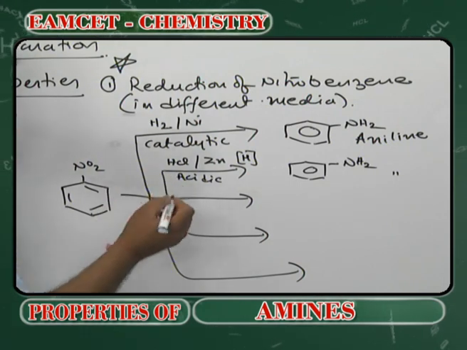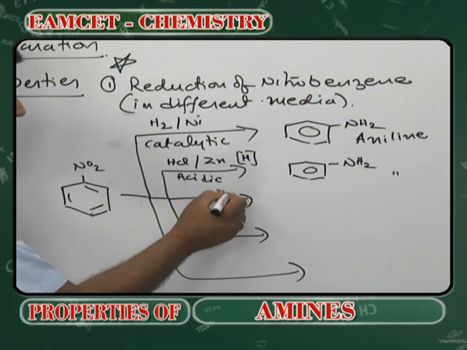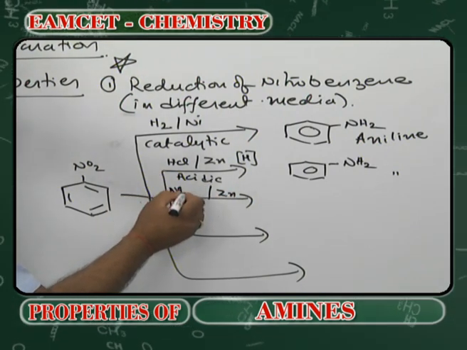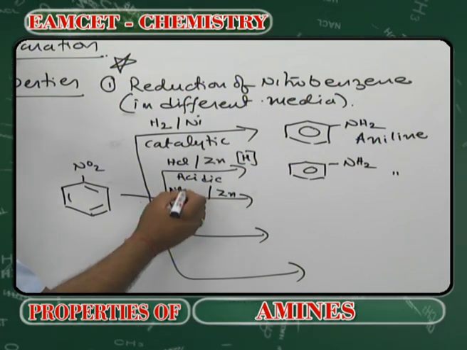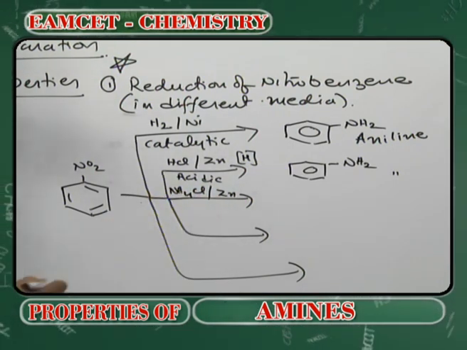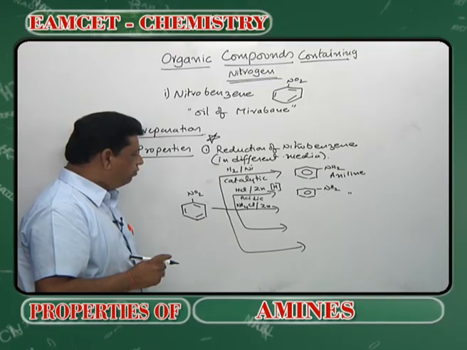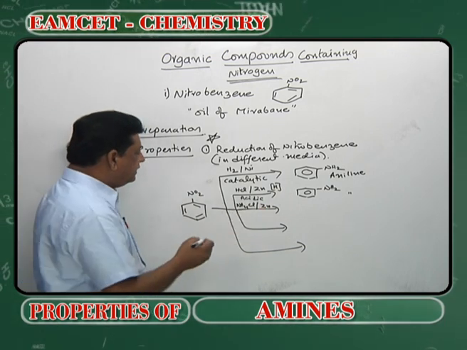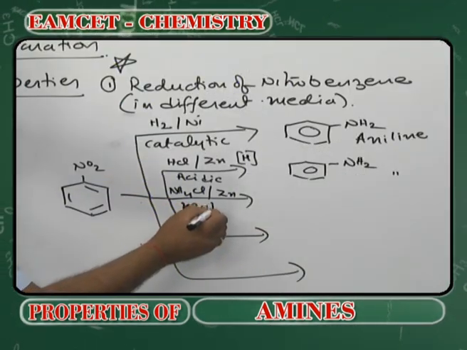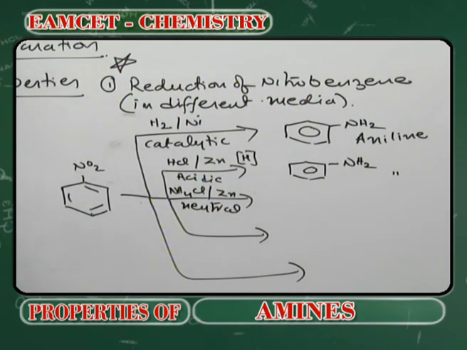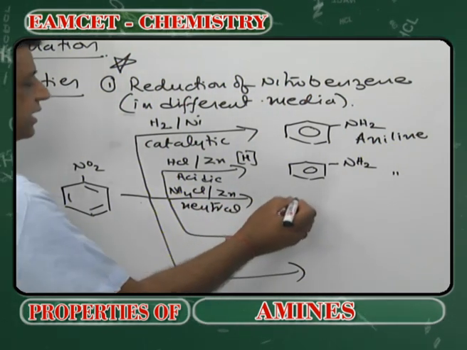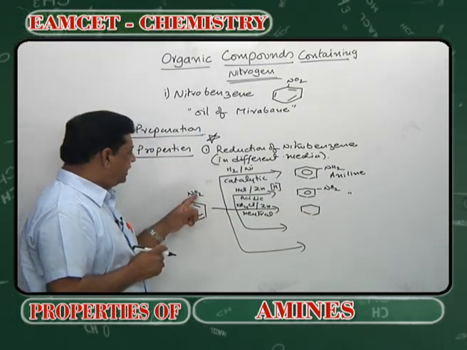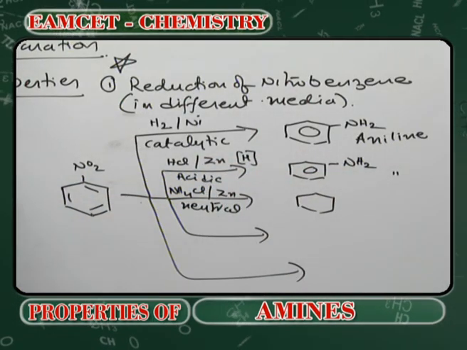The third type: you are taking zinc, which is a slightly weak base. Now, to compensate, we have the reagent ammonium chloride. Ammonium chloride, when you add it to water, is slightly acidic. This is slightly basic. Net result is a neutral medium. So the question can be asked: in the neutral medium if you reduce, what happens? The reduction here: in the nitrobenzene, 2 oxygens are removed and in that place 2 hydrogens come. That is called total reduction.